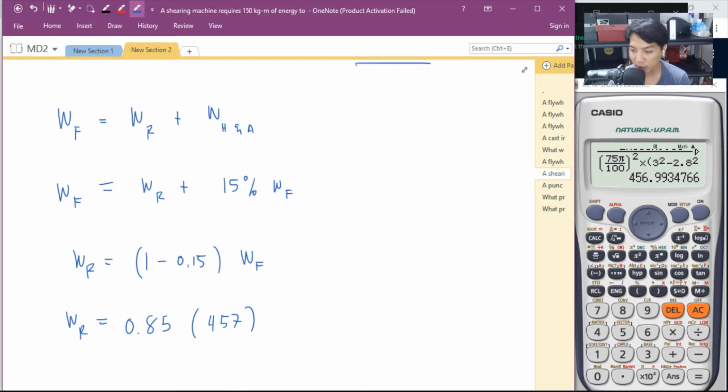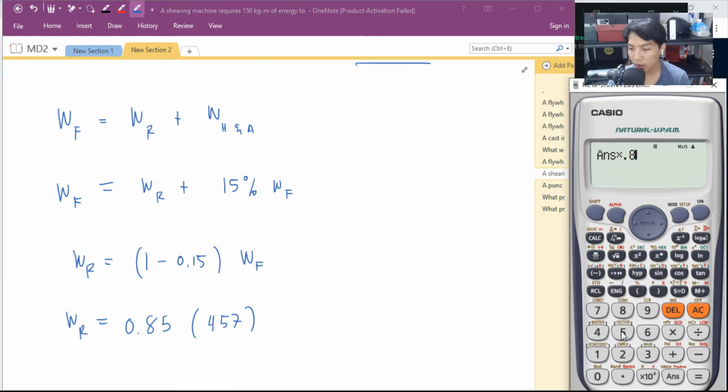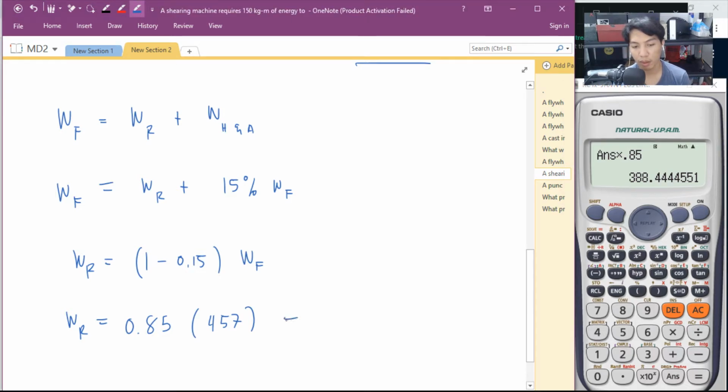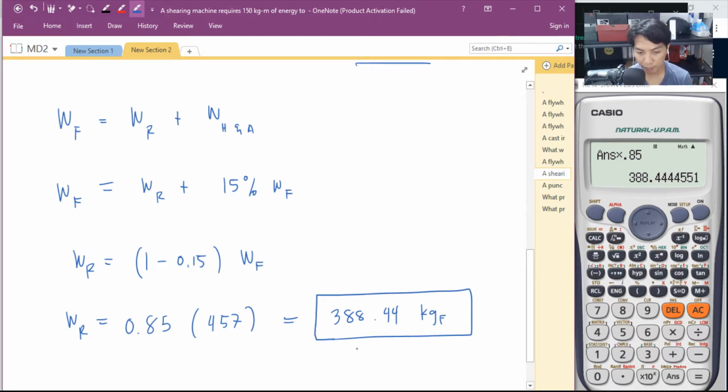I'll just multiply that by 0.85. So, the weight of the rim now is equal to 388.44 kilogram force. That is the weight of your flywheel. Okay? So, that is for problem number 7.